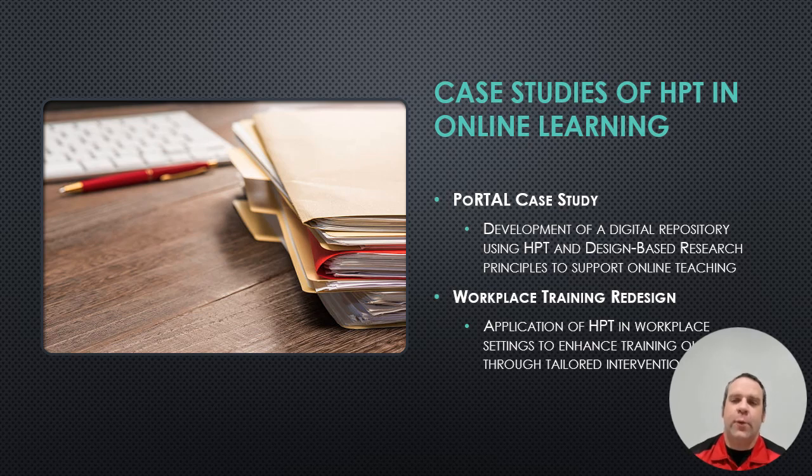The result was a more effective training program that led to higher employee performance and engagement, which led to overall success. These case studies show that when HPT is applied, whether in academic or corporate settings, it leads to a measurable improvement in overall performance and thus outcomes.